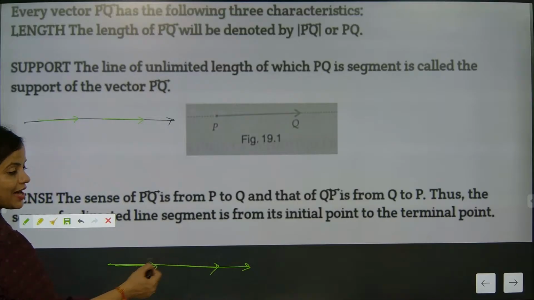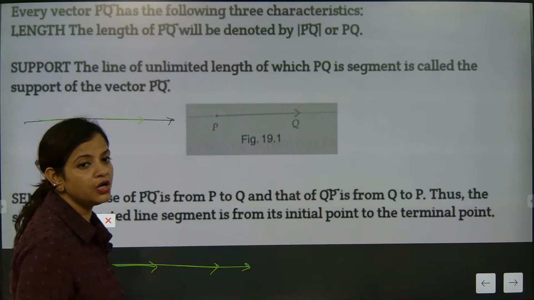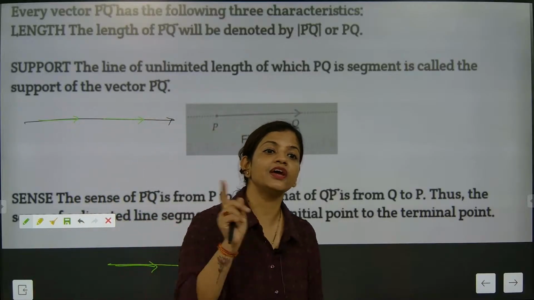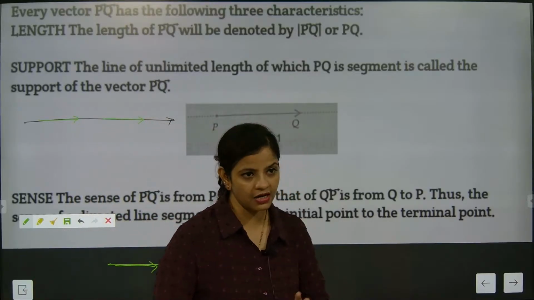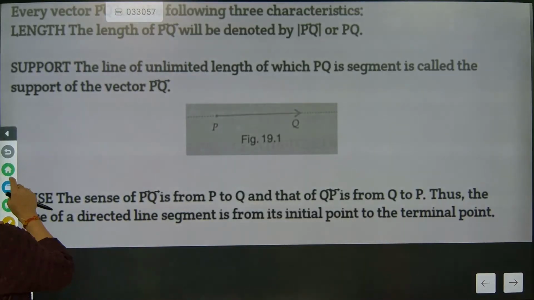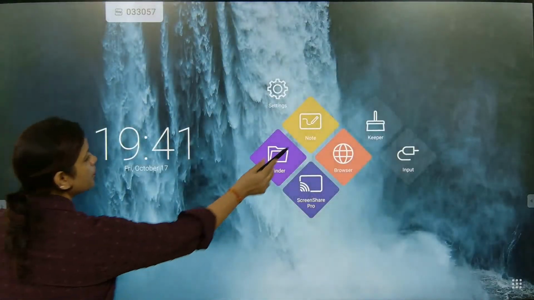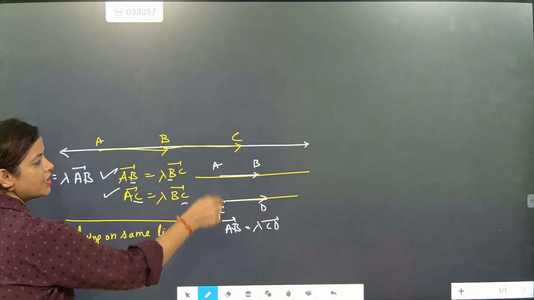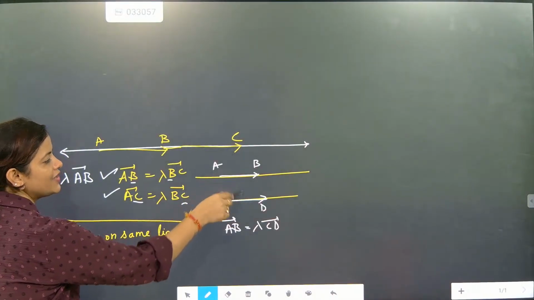They can be parallel and they can be collinear. If they are linked, then they are collinear. If they are non-linked, they are parallel. So the concept of vector is very vibrant. Here we have two lines, and from these two lines we took two vectors.